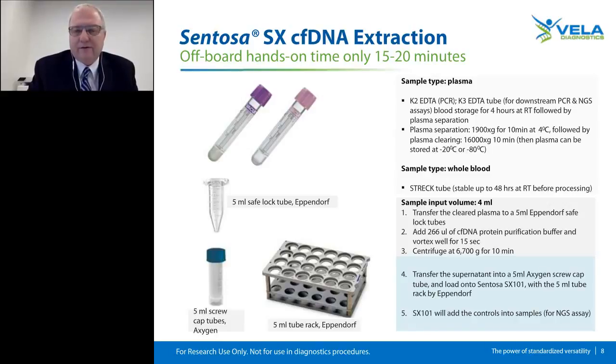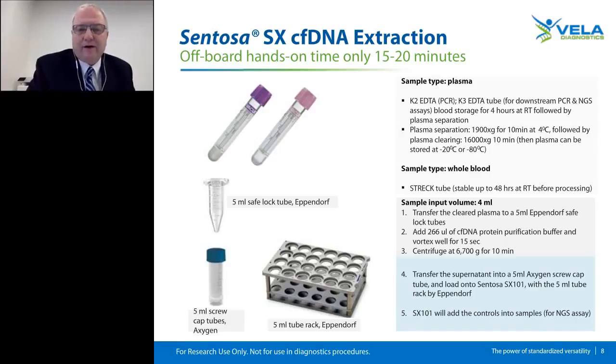As many of you know, tubes have specific properties which can interfere with certain types of detection or analysis. So the K2 EDTA tube, while fine for PCR, did not work adequately for next generation sequencing, whereas the K3 EDTA tube worked fine for both PCR and next generation sequencing.